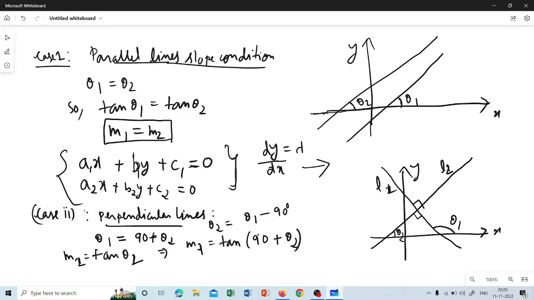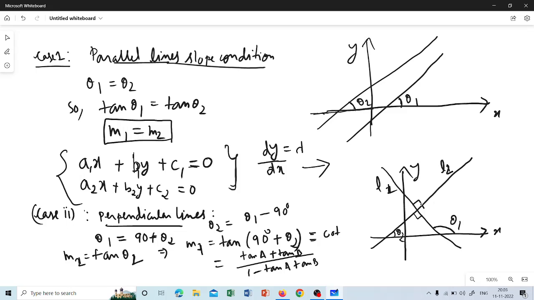So if I take this, you know the tan expression, right? Tan A plus B is tan A plus tan B divided by 1 minus tan A into tan B. Or in case you are familiar, because this is a 90-degree angle, I can write directly that it will change to cot.